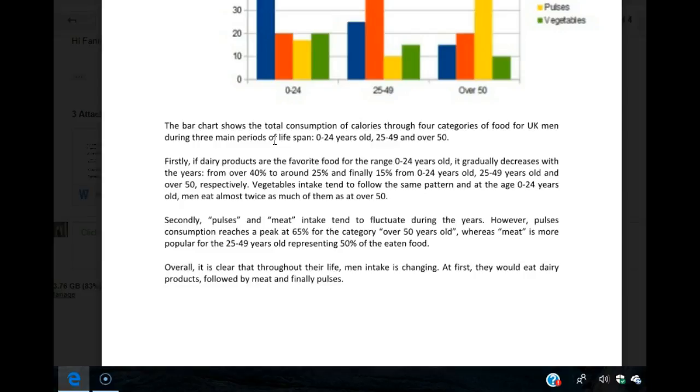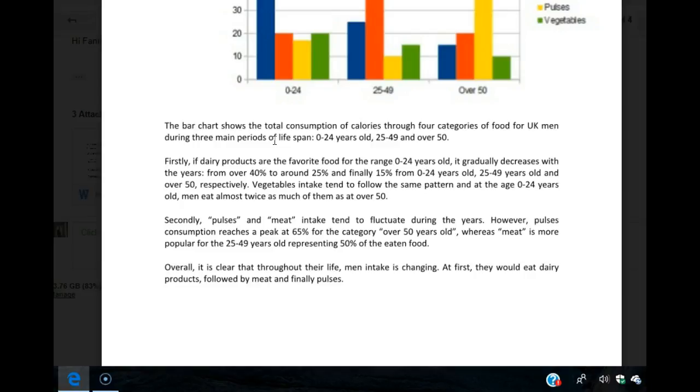So you could have continued with this, and you could have said over 40% for the first group. You can't say again dropping. 15% less for the 25 to 49-year-olds, and even lower than that for the over 50-year-olds. Okay, so do you see how the vocabulary changes quite a bit?